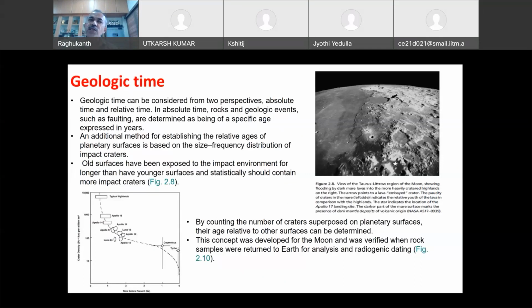In the starting classes I told you how a planet gets formed, like Earth or whatever planets. What is the methodology? Long back we discussed, right?